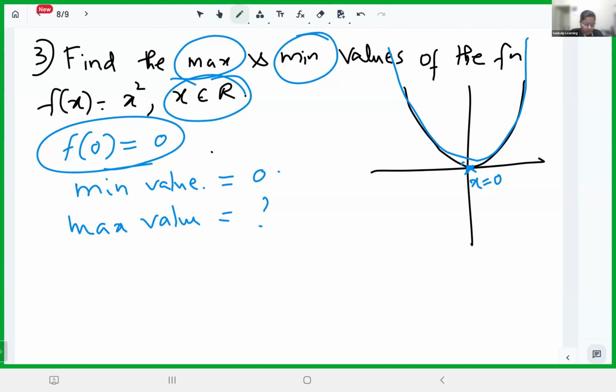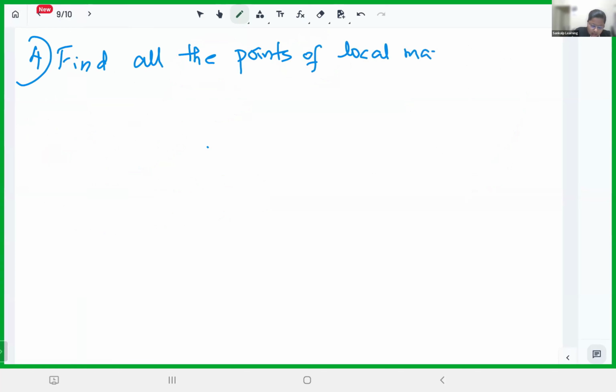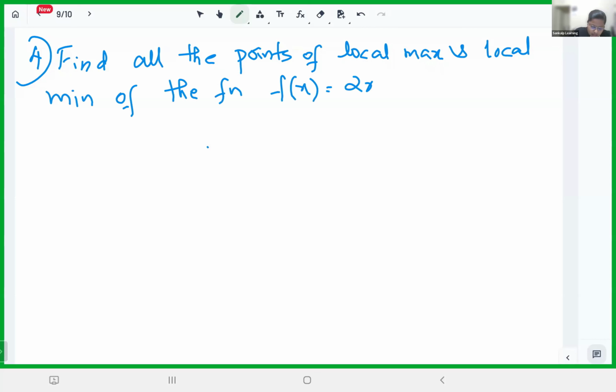All right, now we are moving on to the next question. Find all the points of local maxima and local minima of the function f(x) = 2x³ - 6x² + 6x + 5.